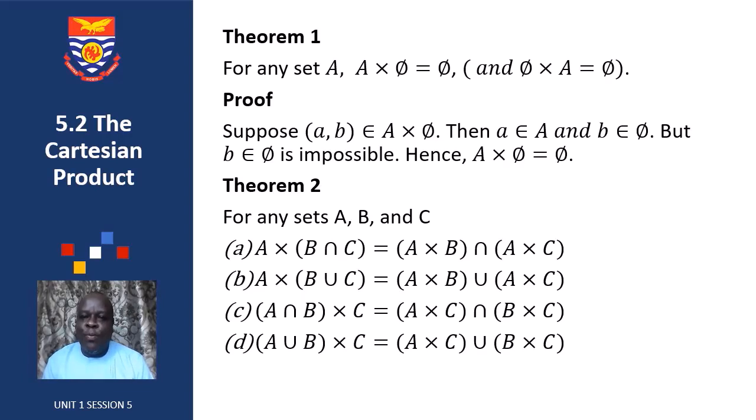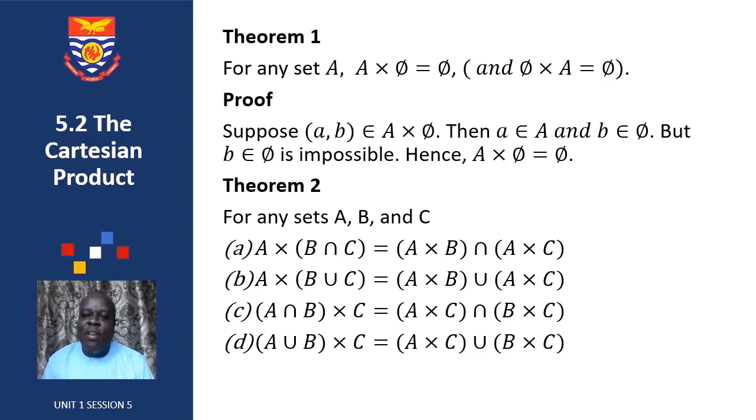Theorem 2. For any sets A, B, and C: 1. A cross (B intersection C) is equal to (A cross B) intersection (A cross C). 2.